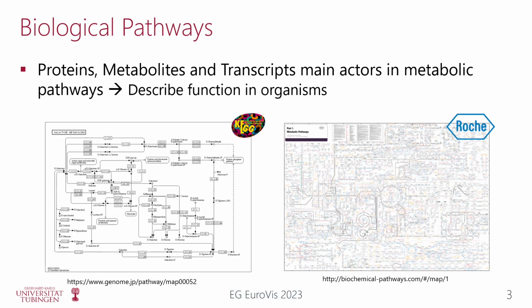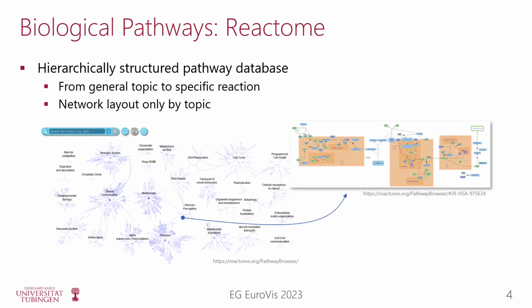KEGG is widely used, offering quite a lot of utility, like a REST API and web interfaces to query specific entities. A more recent development is the Reactome database, which is part of the Elixir organization, which is a pan-European, partially publicly funded organization bundling bioinformatics resources under open access. Reactome is, in contrast to KEGG, a more hierarchically structured pathway database. Reactome consists of a general overview and associated detailed pathways.